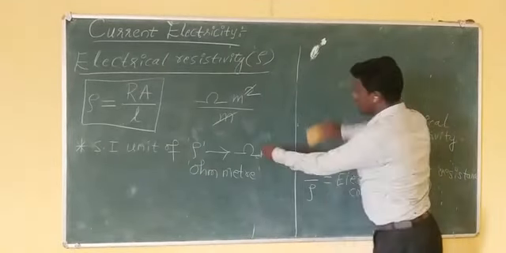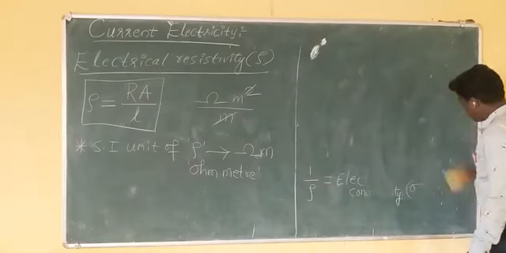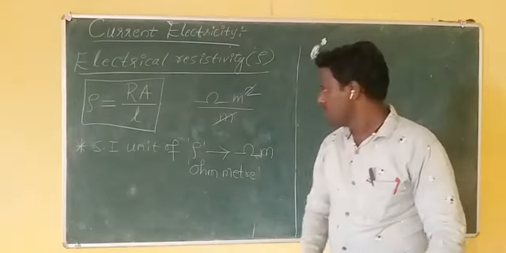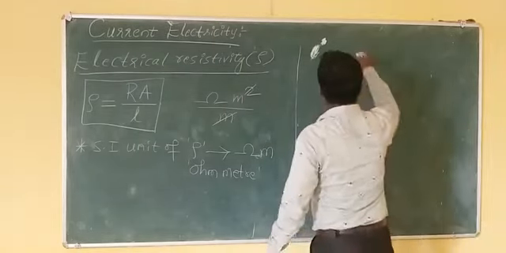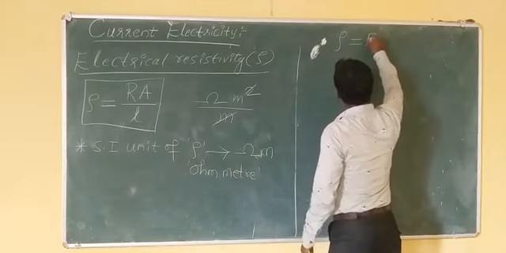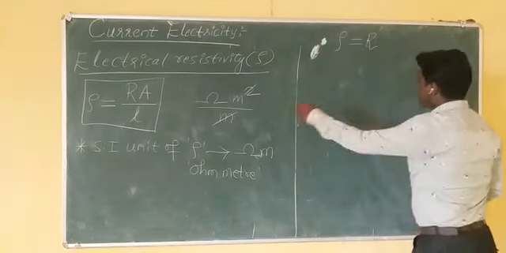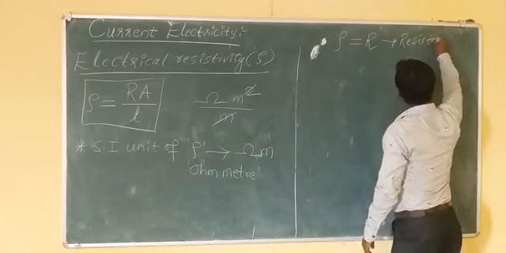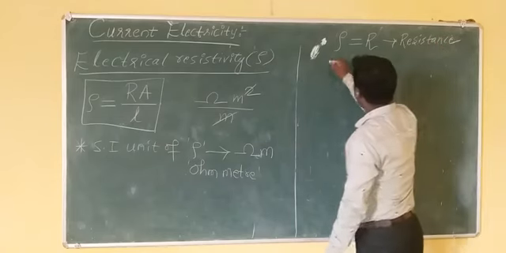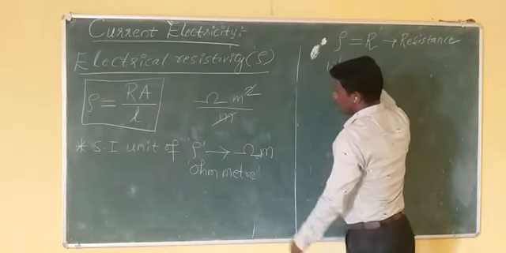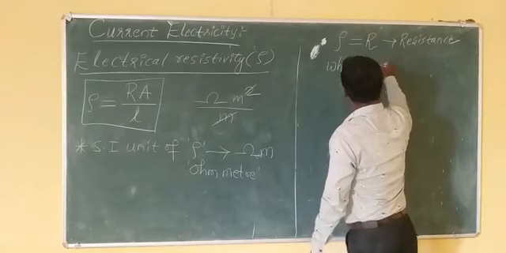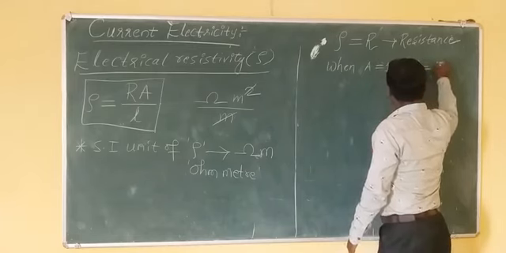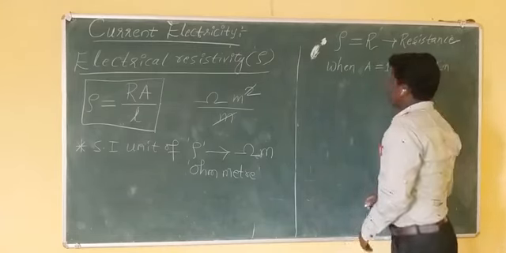now we shall try to define the term rho. Definition of rho: rho equals R, where R means resistance, when A equals 1 meter squared and L equals 1 meter.